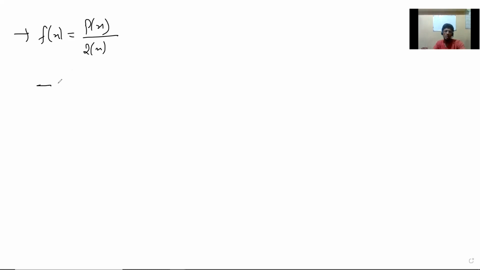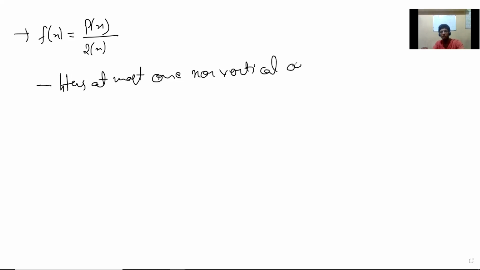For example, one question is that it has at most one non-vertical asymptote. It's a cool fact and easy to prove. It's an easy exercise.